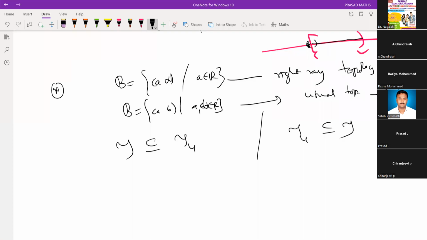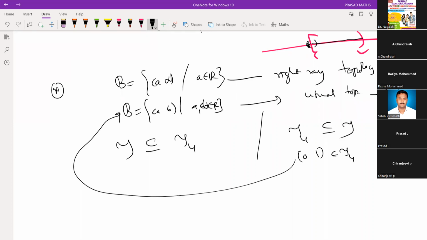Tau u is contained in tau, the right ray topology. How? Suppose you take a basic open set in the usual topology, (0, 1). So it is an open set with respect to the usual topology. The question is, is it open with respect to tau? Suppose 1/2 belongs to here.